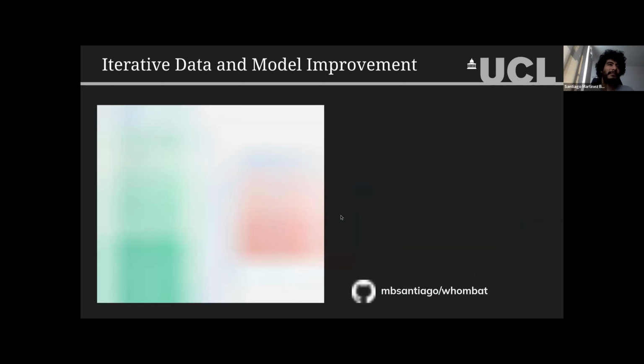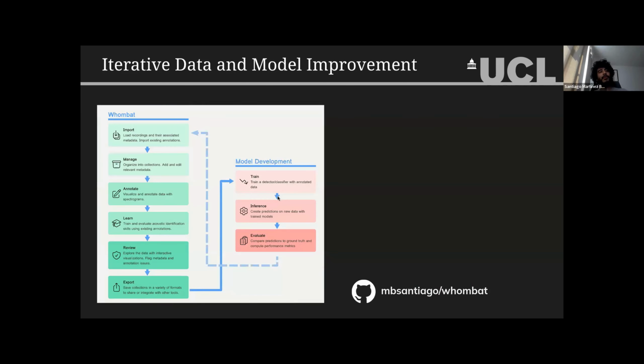With Humbat, the idea is you import some data, some recordings. You can manage different datasets, all of which have potential information about the context in which they were recorded, which can also be very important when trying to identify the different sounds. There's an annotation interface.